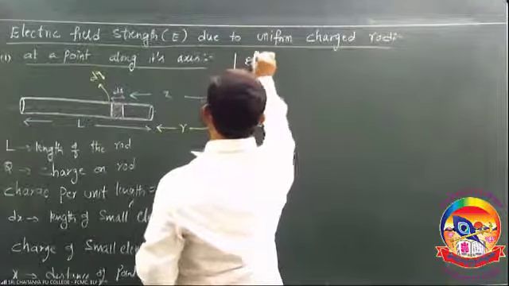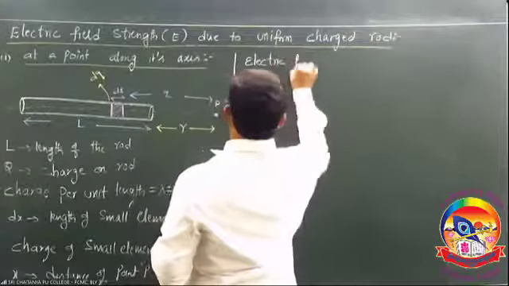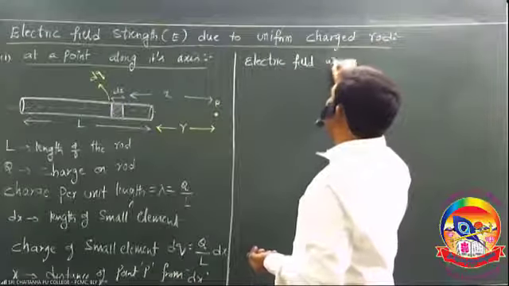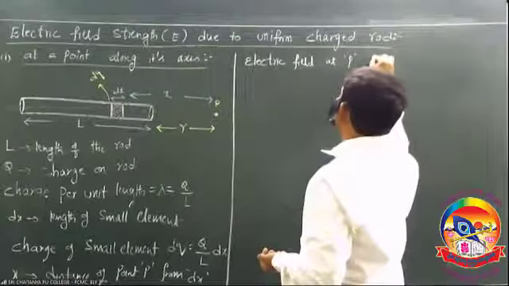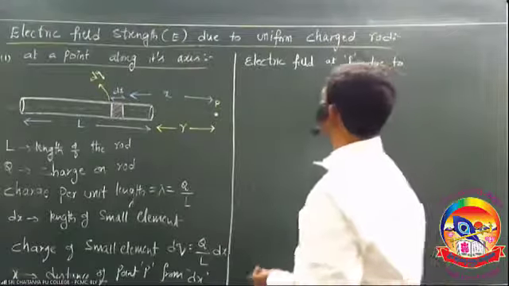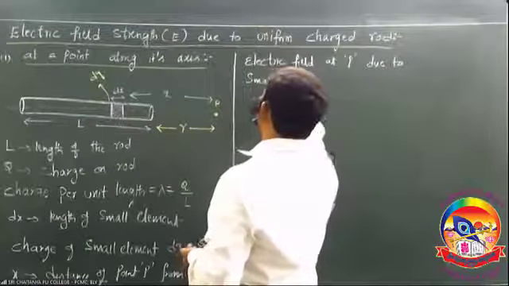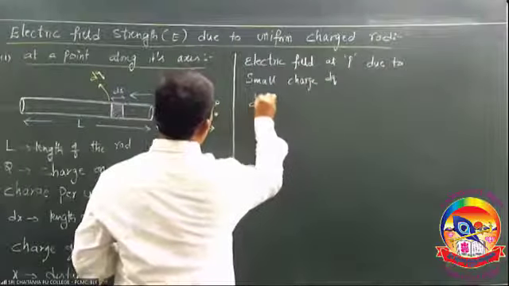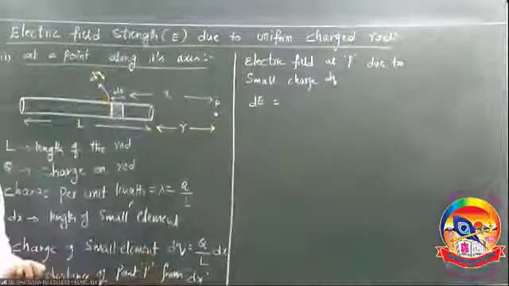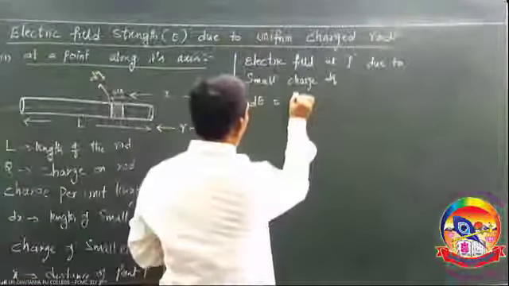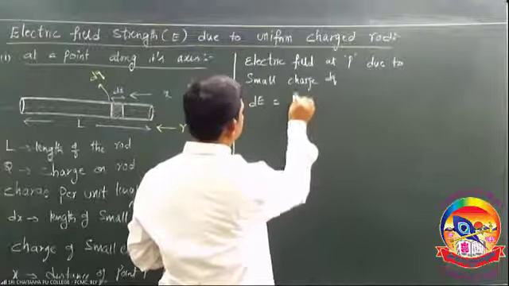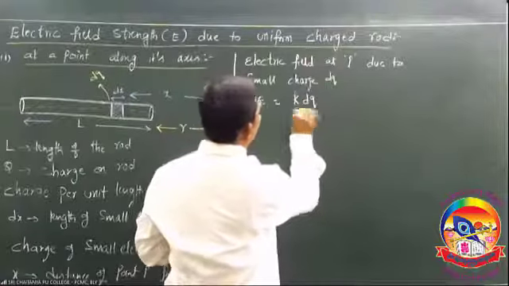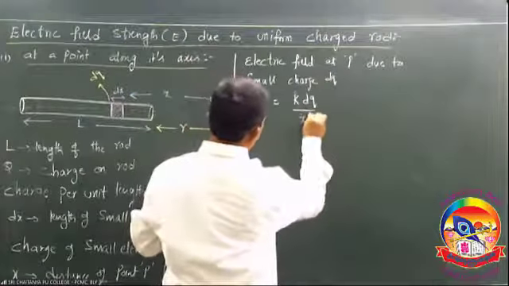Then we write the intensity. See, electric field at P due to small charge dq, I take it as dE. What is the formula for dE? 1 by, or you can simply K dq by distance x square.